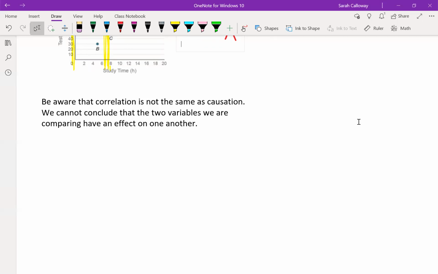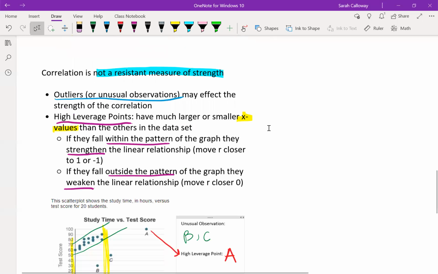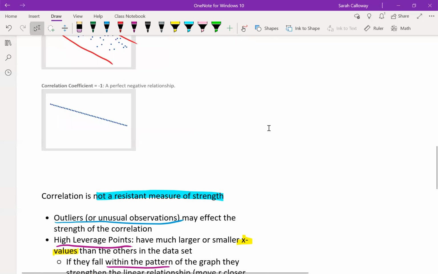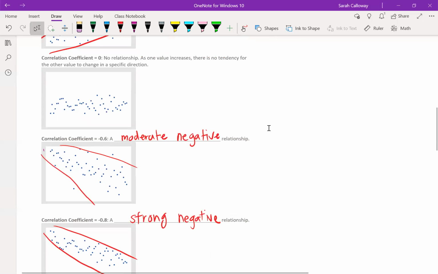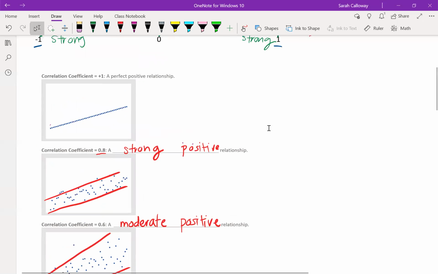However, we can't guarantee that the explanatory variable is actually explaining the response variable. They just want to make sure that we keep that in mind as we do these problems. So again, lots of vocab. We're building into being able to use some technology and values in the next couple sections.